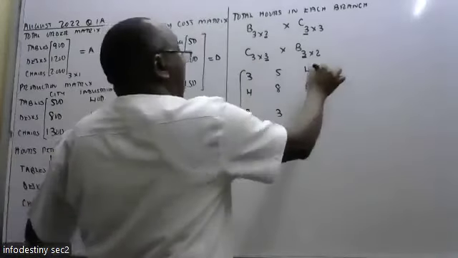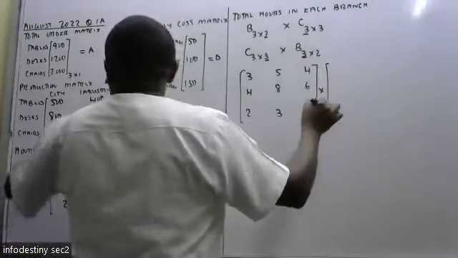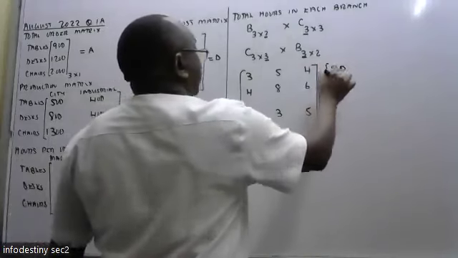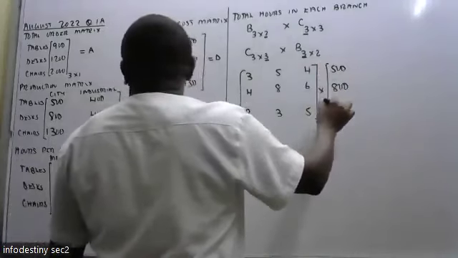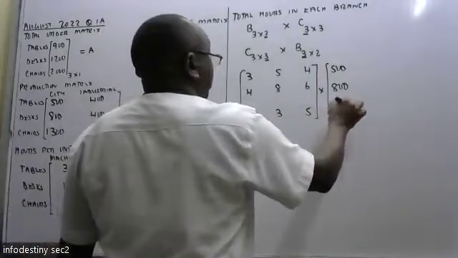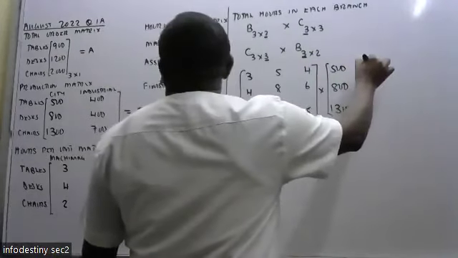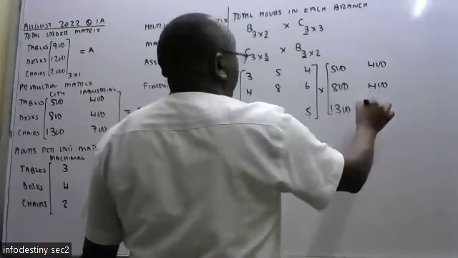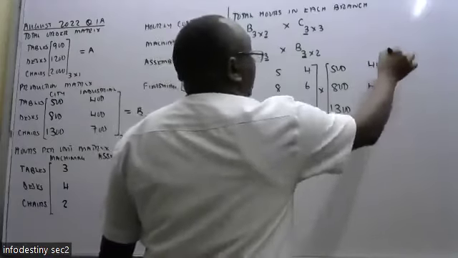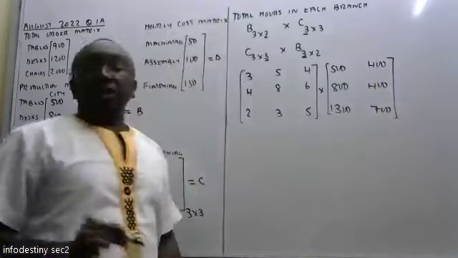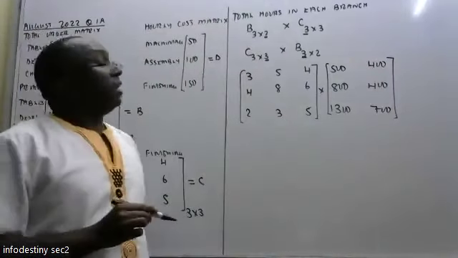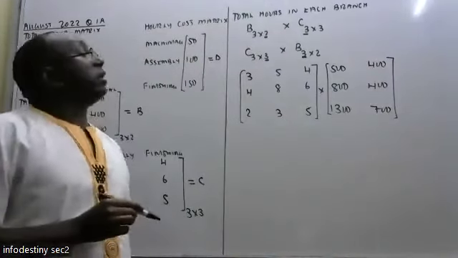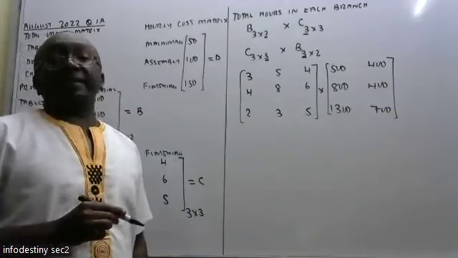I multiply by 500, 800, 1300, then 400, 400, and 700. You need to check whether they are making economic sense.